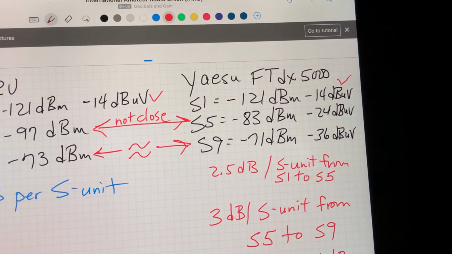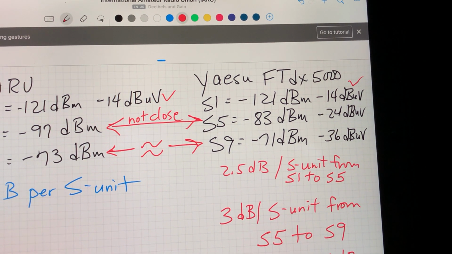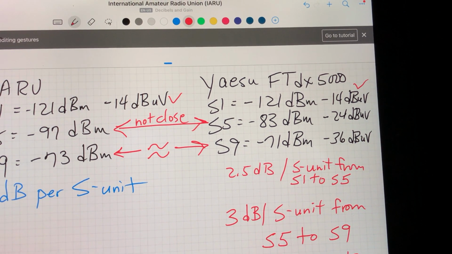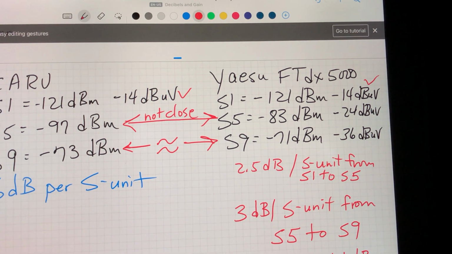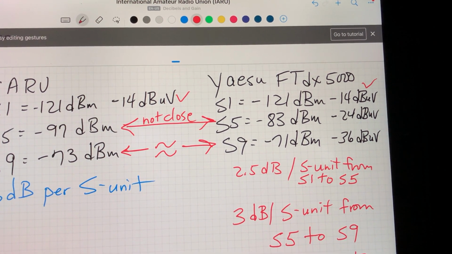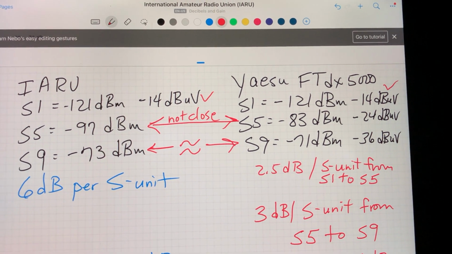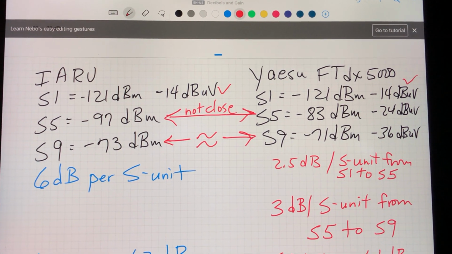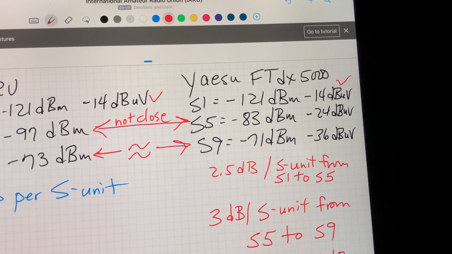Look at the FTDX 5000. To get an S5, you've got to get all the way up to negative 83 dBm. You've got to beat that 97 by 14 dB. So you could really honestly call my radio stingy, especially between S1 and S5. Now, S9, negative 73 dBm. The FTDX 5000 produces an S9 with negative 71.